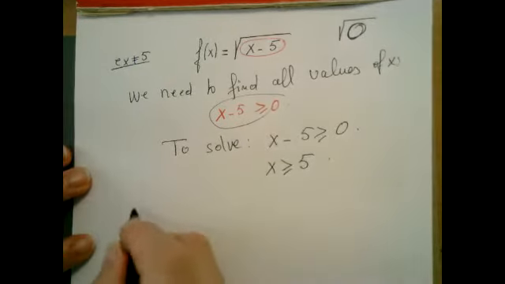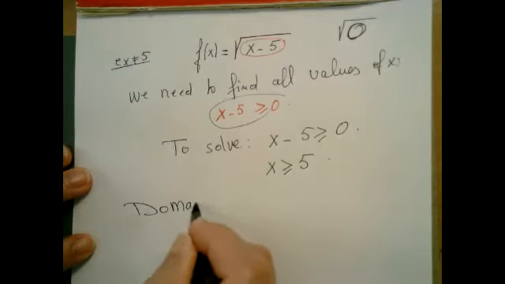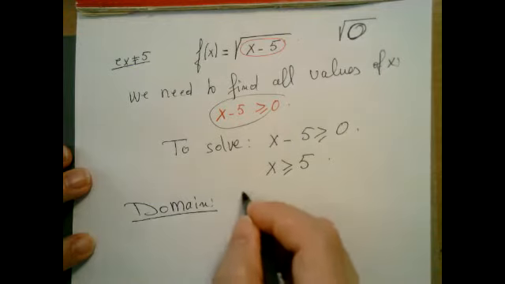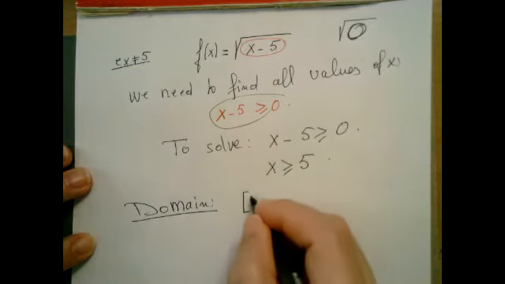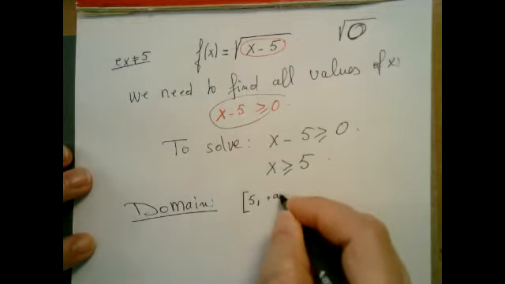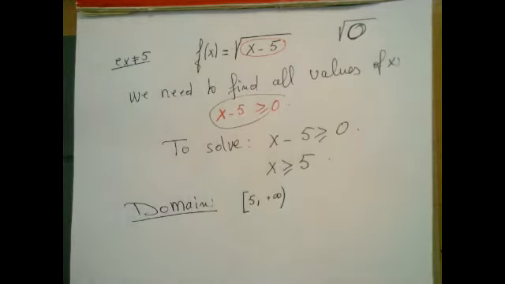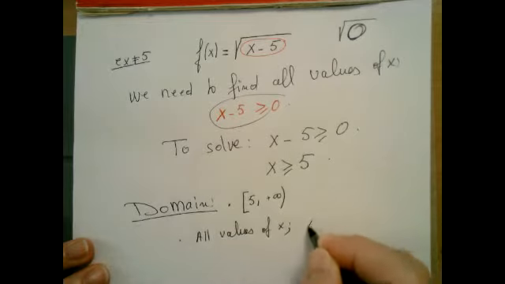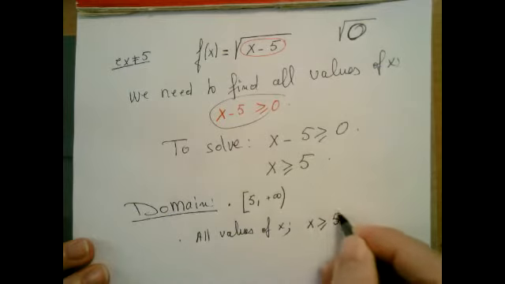So the domain in interval notation would be closed at 5 and going up to plus infinity. That's interval notation. And without interval notation, all values of x such that x is bigger or equal to 5.